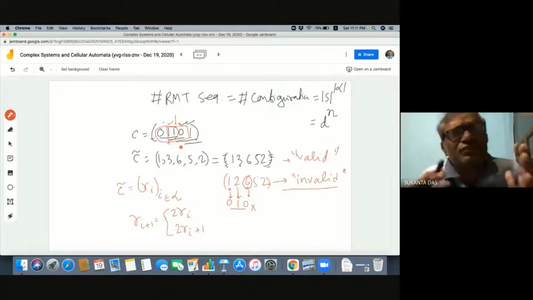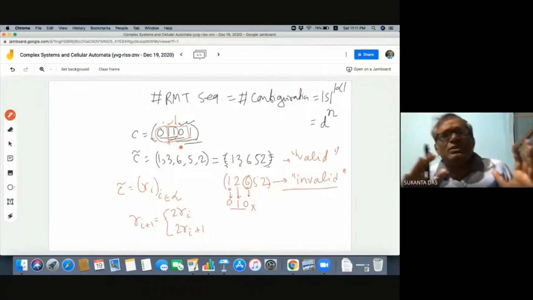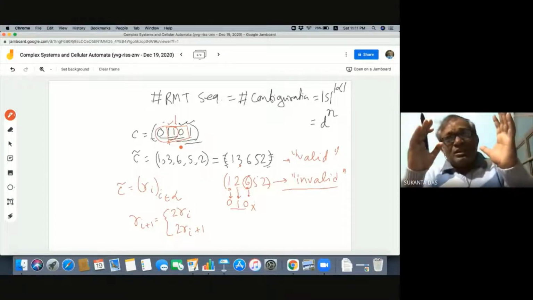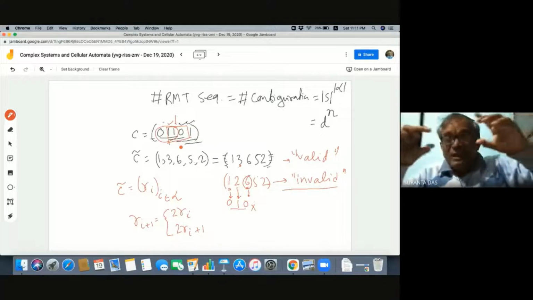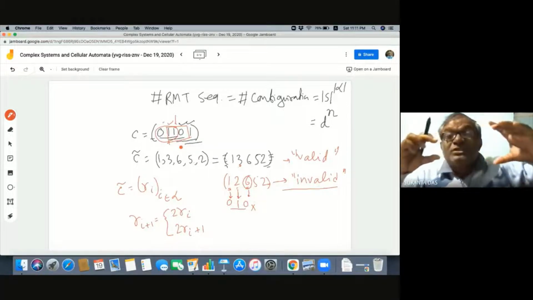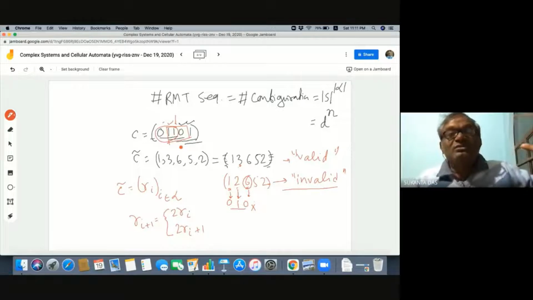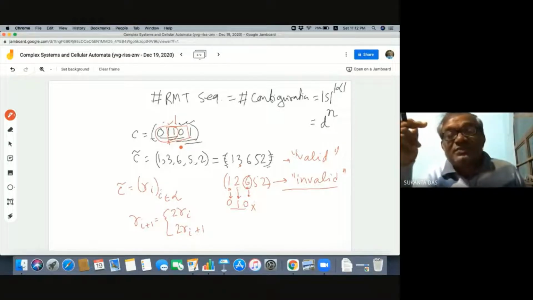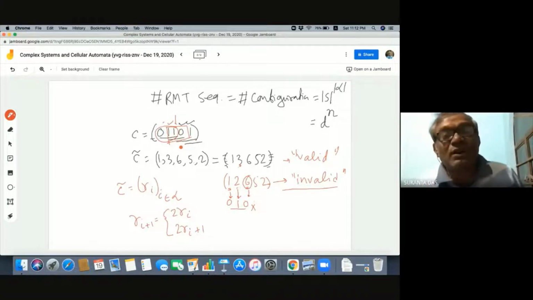It is just the logic of shifting, one bit shifting, nothing else. Your window is sliding over the configuration. So you can think that the configuration is shifted left one by one. It's nothing but the logic of one left shift.